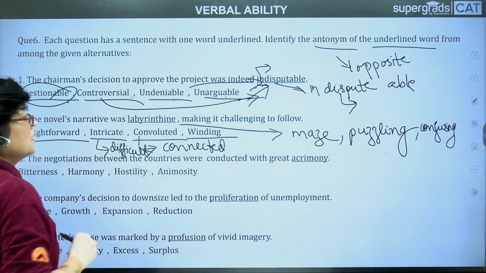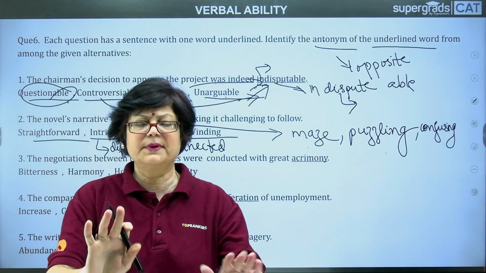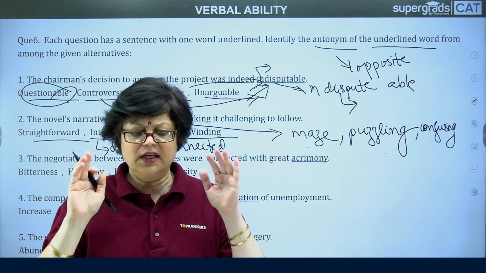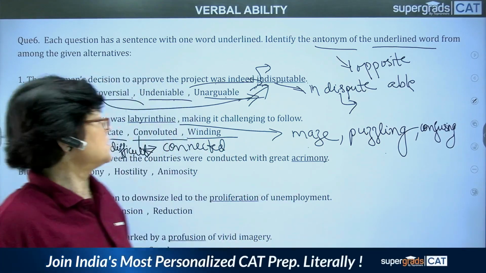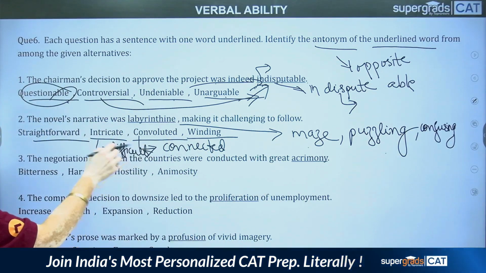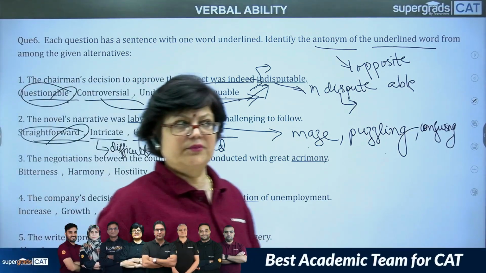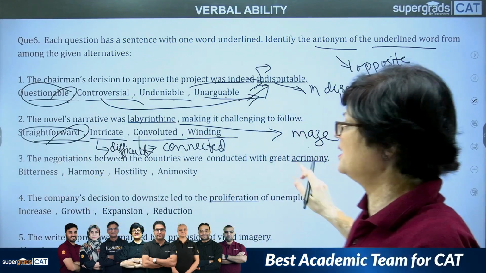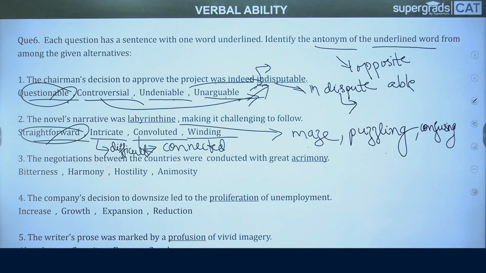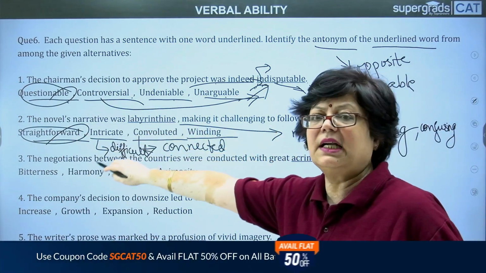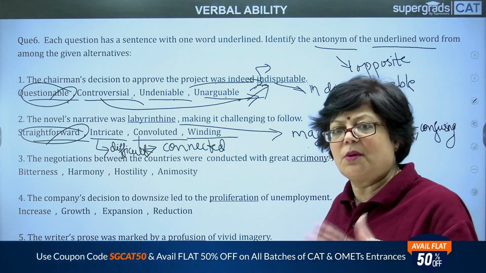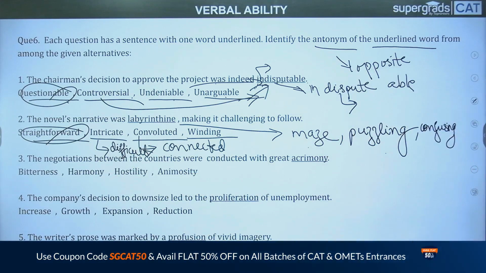Straightforward. Straightforward means very simple, very easygoing, not having any confusion. So what will be the correct answer? The correct answer will be straightforward. Opposite of labyrinthine we have to find out here. So we have to find the antonym, the best option out of the given four.